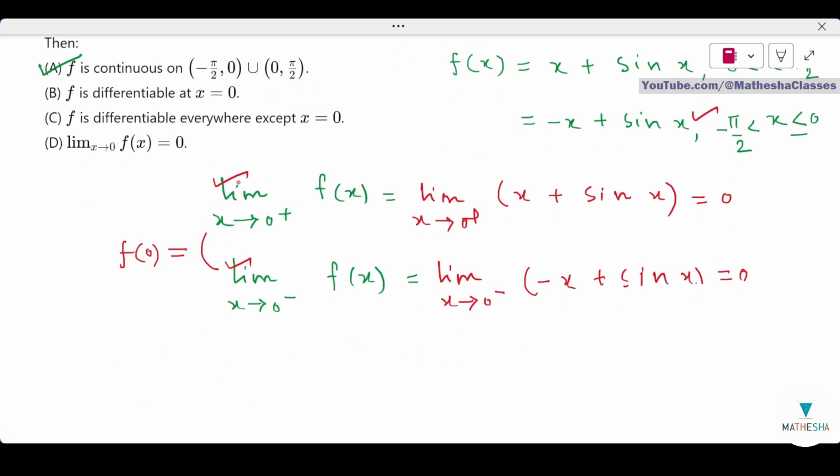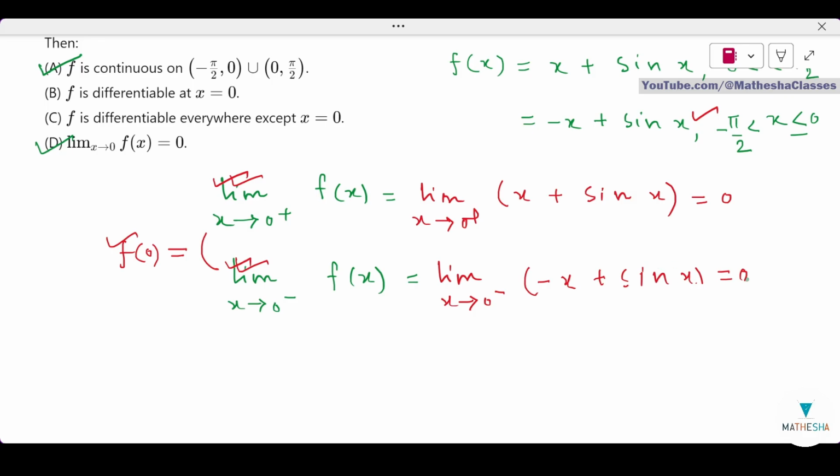So that means right hand limit is equal to left hand limit is equal to functional value at 0. So limit x tends to 0 of f(x) exists and it is equal to 0.